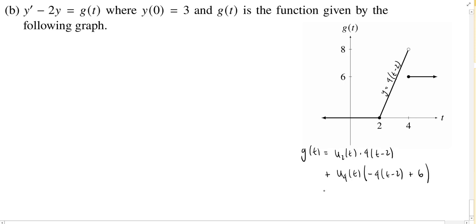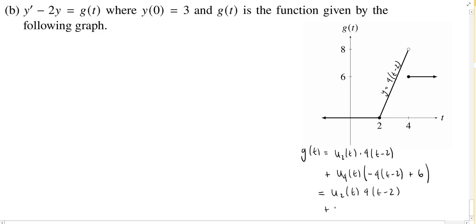It's going to be helpful to distribute at least this bottom one. We'll keep this top one, u2 of t. Why do I keep it? Well, I usually like to have a shift that matches the number in my unit step function. Since I already have 4 times quantity t minus 2, I might as well leave that there for now.